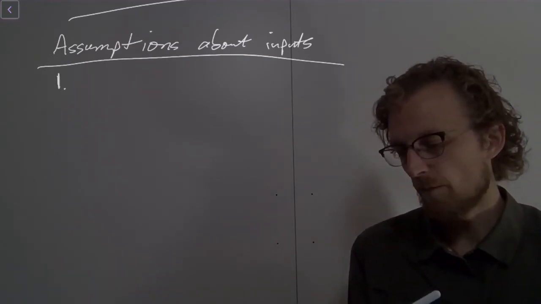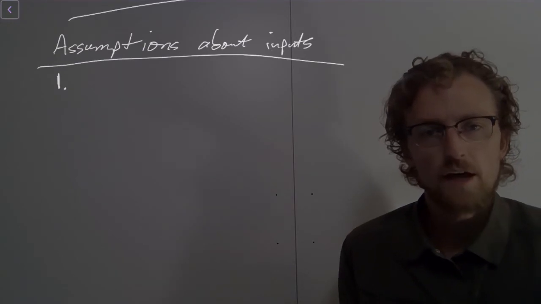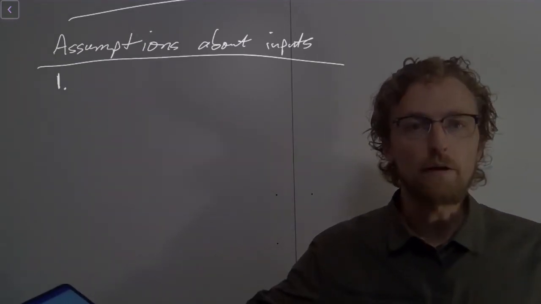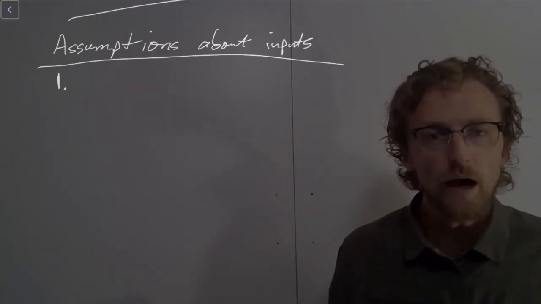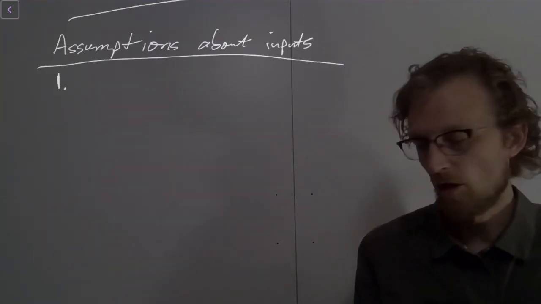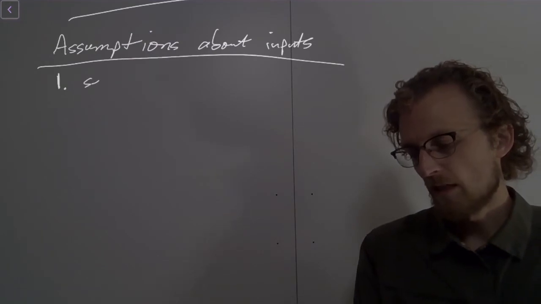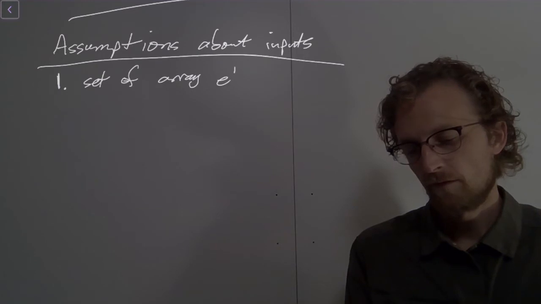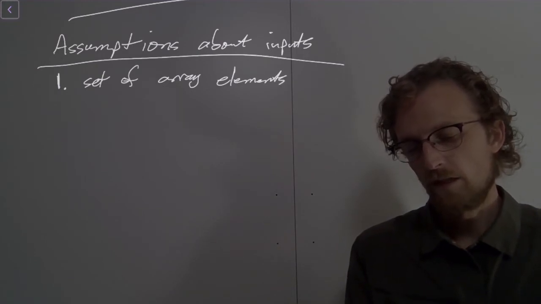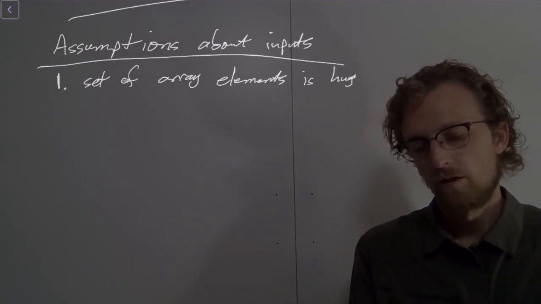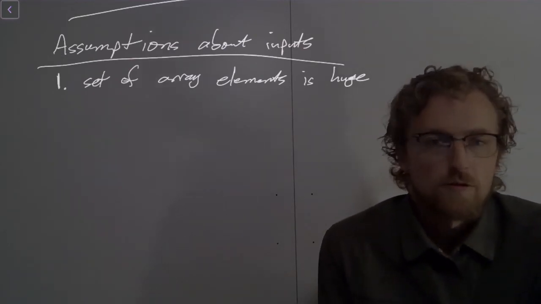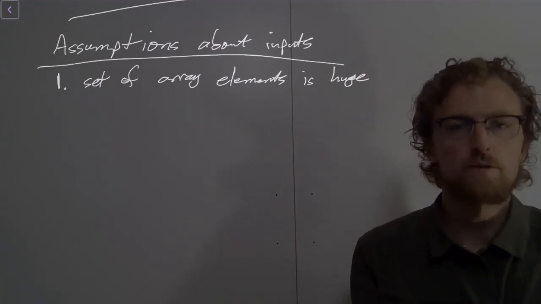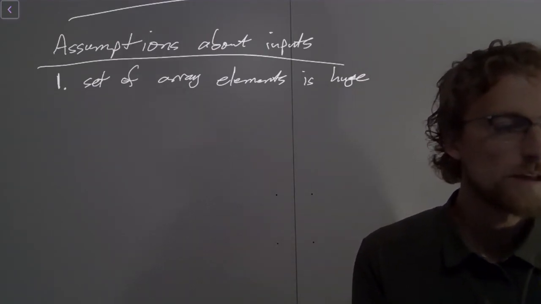Here's one assumption we can make: the things that could be in our array are very, very diverse. So assumption number one is that the set of array elements is huge, like all double integers or something like that. That's a huge number of different things that could be in our arrays.